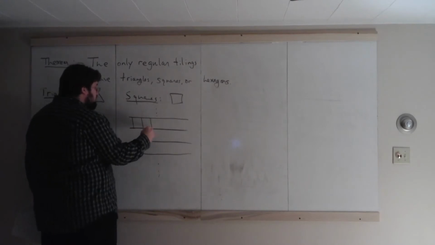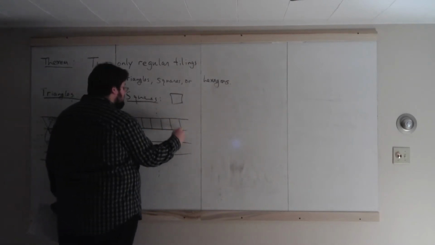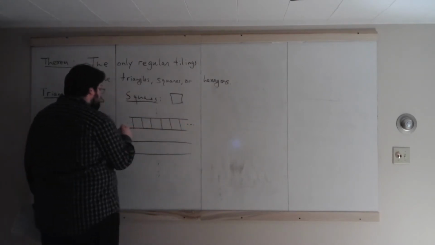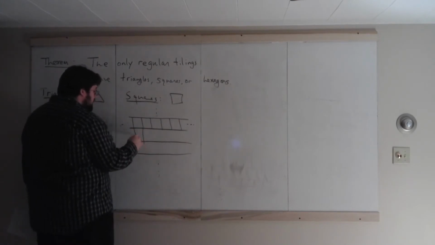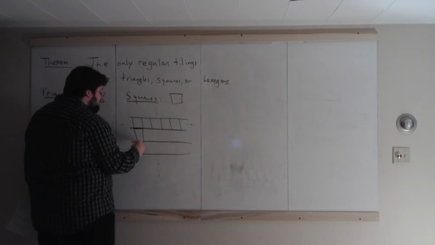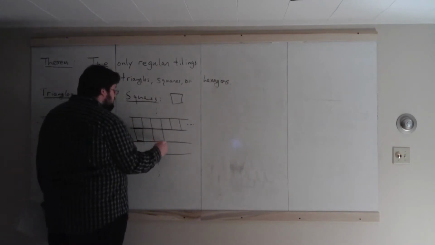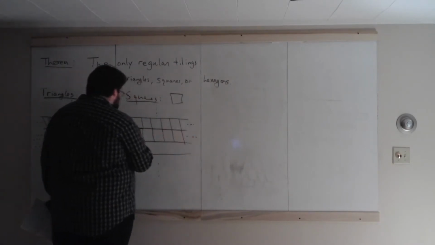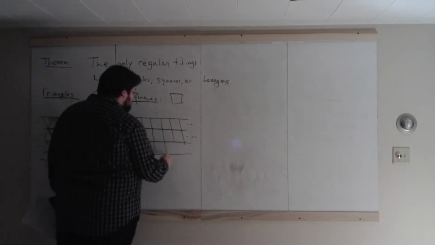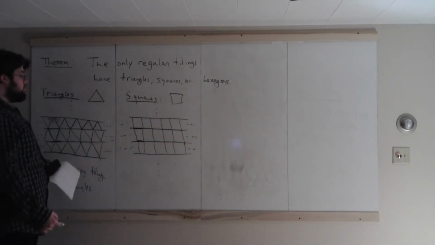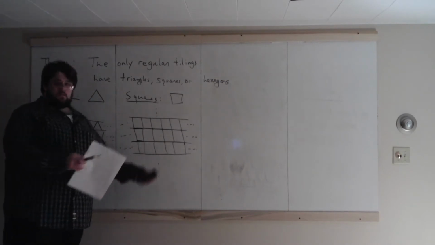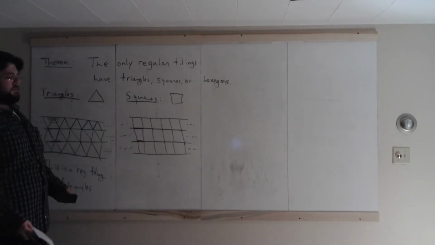There's a square, square, square, square, square, and so on. And down here we do the same thing. We can't shift it over. We need the edges to coincide. Square, square, square, and so on. And we get a tiling with squares. Tiling with squares looks like a sheet of graph paper.